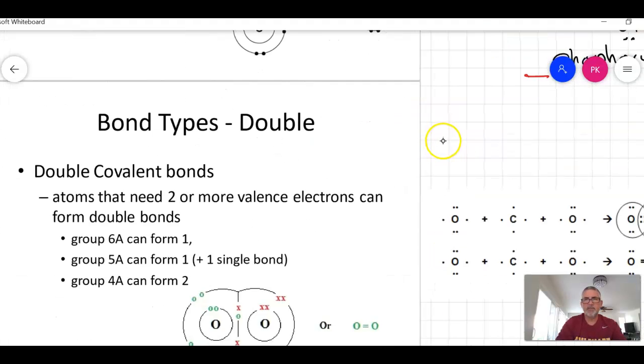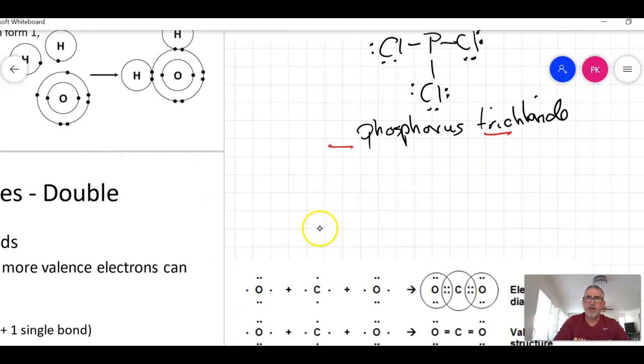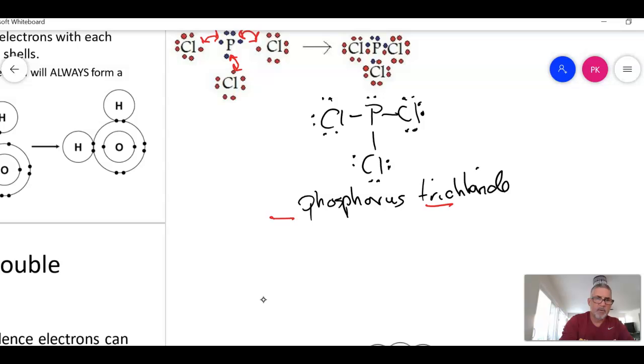Right, so double bonds. Right, so we can make covalent double bonds. Now there are 4 valence electrons, right, or 4 valence orbitals. So if we think about phosphorus up here, right, so we had our S, we have a p orbital, and these unshared electrons occupy another p orbital, right?